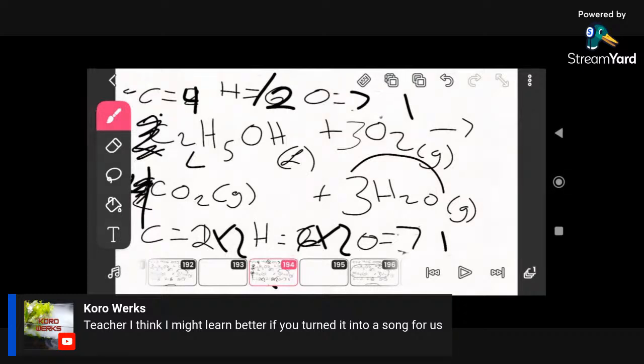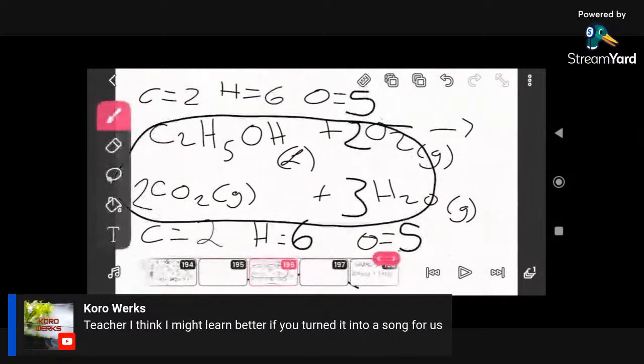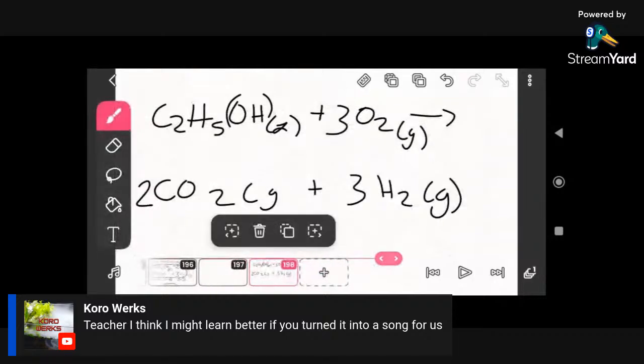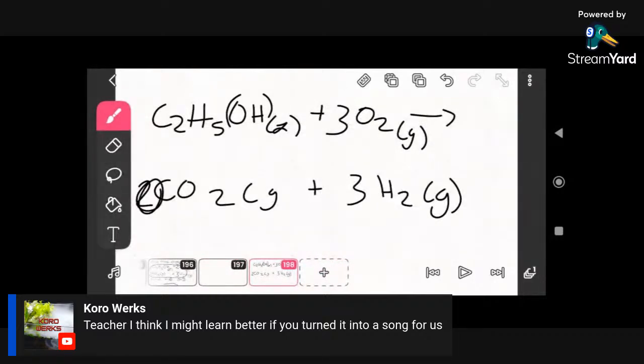That 4 wasn't supposed to be there. That's what threw me off. That's what happens when you don't write the equation correctly. You make some stupid mistake like that. That coefficient right here, this 2 right here. Because I had a 4 over there, I kept getting the wrong answer.